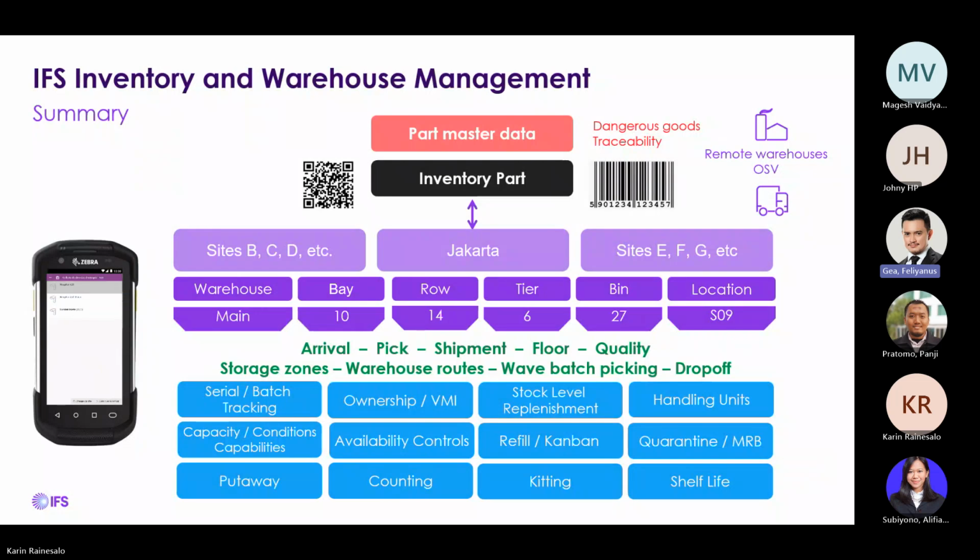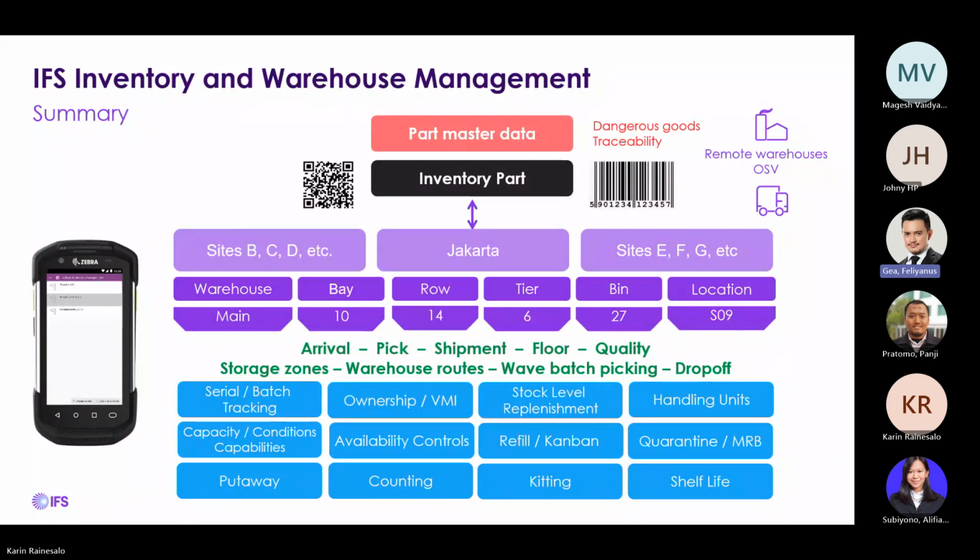And then the other aspect of it is that you can say this is what your part requires. Your part weighs this amount. Therefore, if you've got a location that can hold 100 kilos, you can't put 120 kilos worth of parts into it, because that will cause the location perhaps to collapse. Same goes for the volume, the size of something.